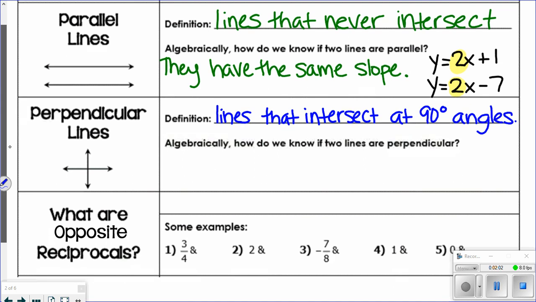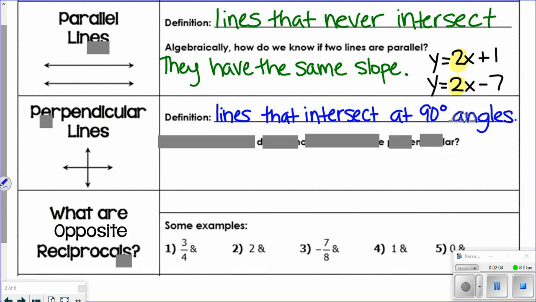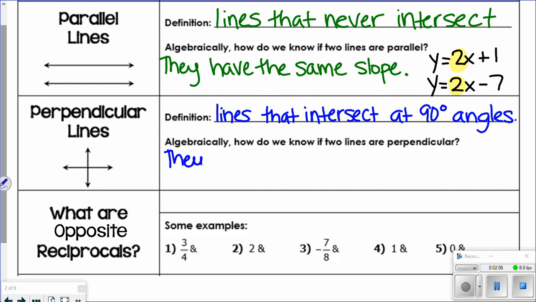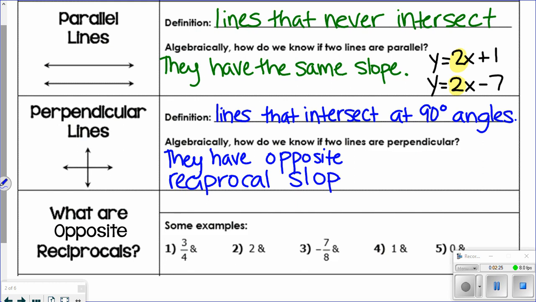And algebraically, how do we know that? They have opposite reciprocal slopes. And I wrote in 2 lines because I'm going to give you another example.